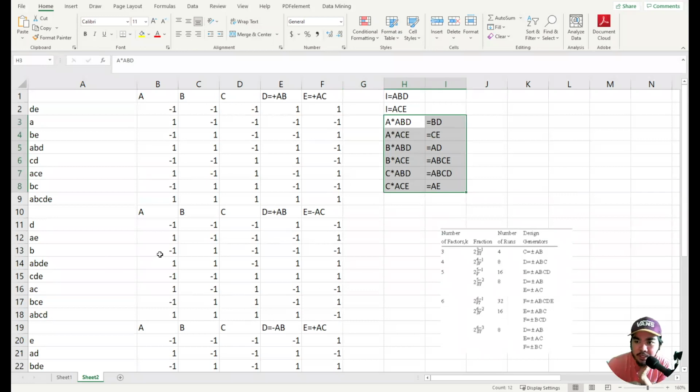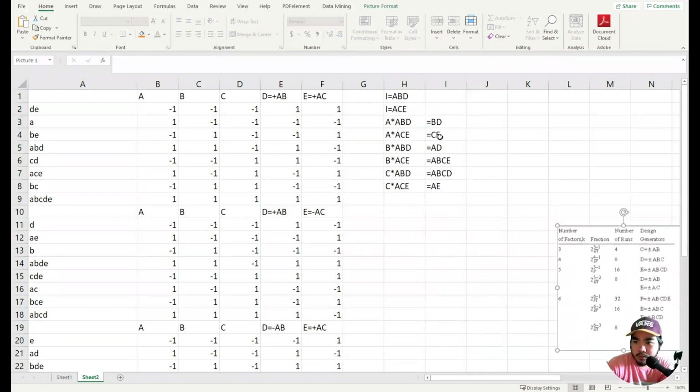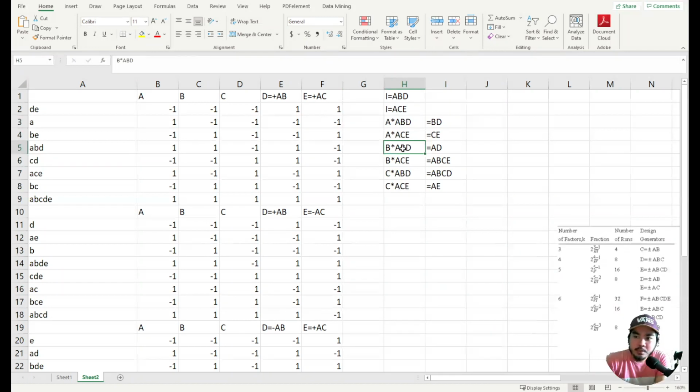Ay, kulang pa pala to. Kailangan pala natin gawin pa to sa ano, no? Kasi kulang pa siya. Wait lang. Kasi magko-confound kasi to sa dalawa eh. Kasi ang mangyayari dito is A is BD plus CE. B, alam ko na ang kulang natin.